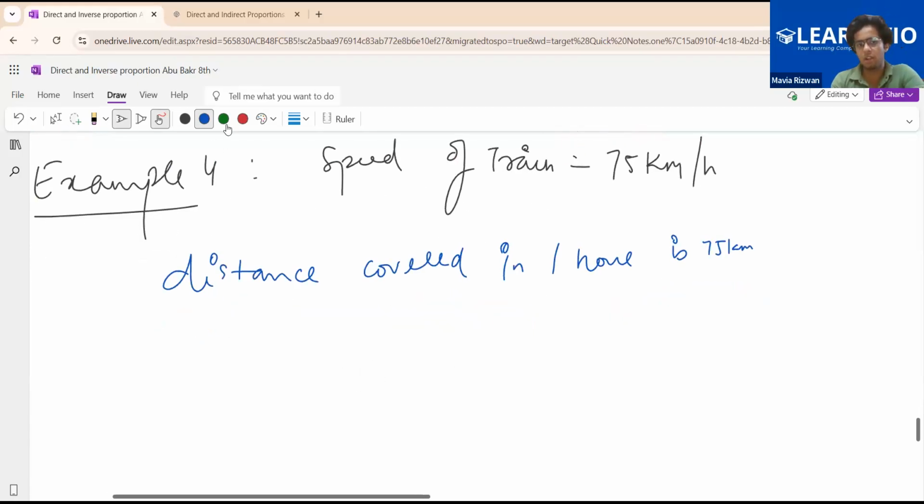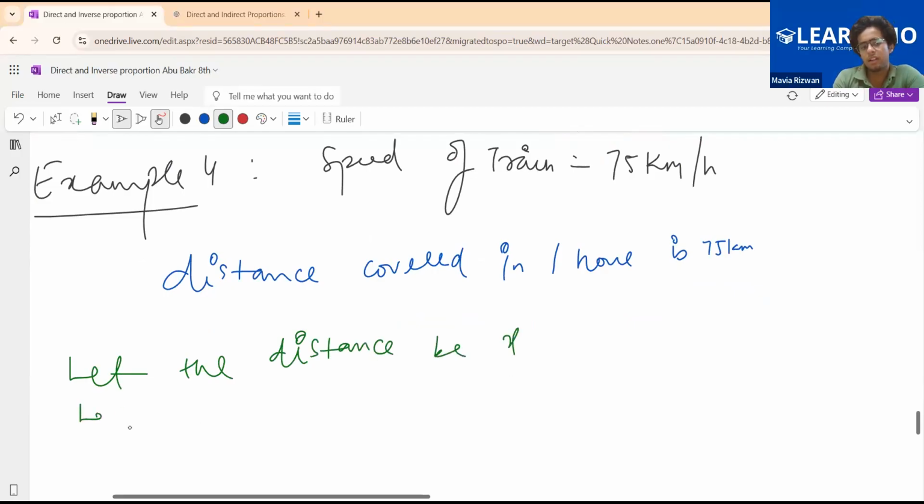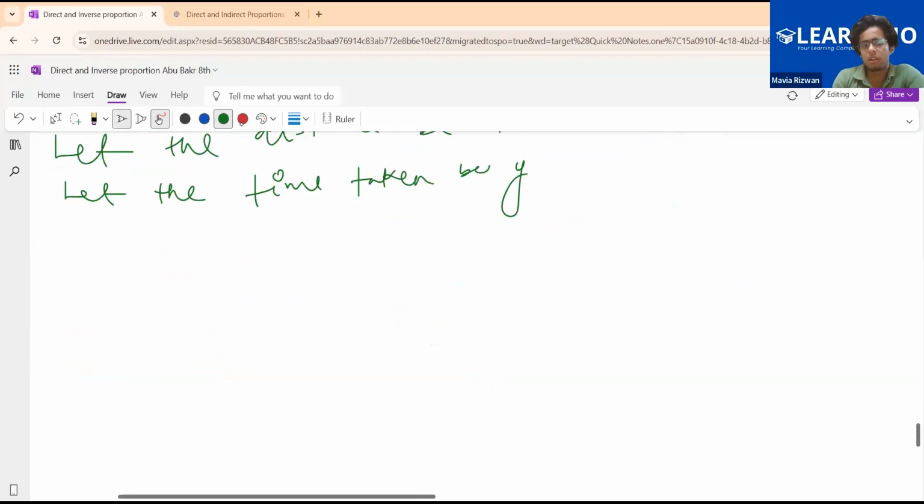Now I tell you how to do this. Let the distance be x. Let the time taken be y. So now make the table. This is distance.